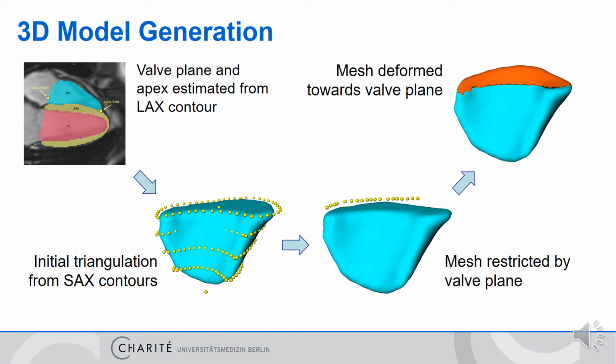To refine the model in the complex valve region, we first restrict our mesh by the valve plane that we have identified. We use a position-based dynamic simulation constrained by intensity information from the short axis view and geometric information from the long axis view to deform the mesh towards the valve plane. The result of this you can see in the upper right illustration, with the orange part showing the deformed part that was added to the mesh.